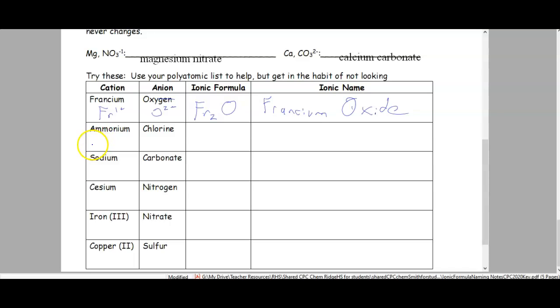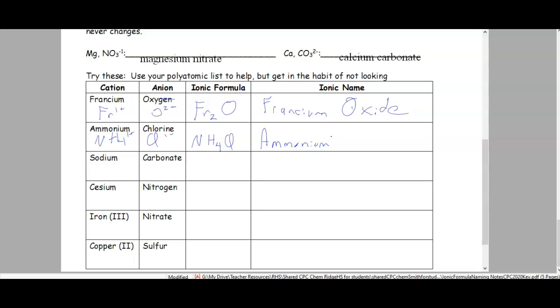So ammonium, NH4 plus, chlorine, Cl 1 minus. And so when I crisscross that, I get NH4Cl. The ones crisscross and reduce themselves out of it. Now again, polyatomics keep their name, so this just ends up being ammonium.